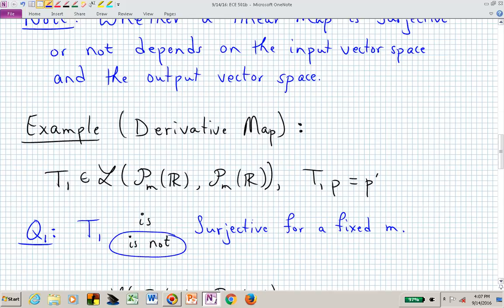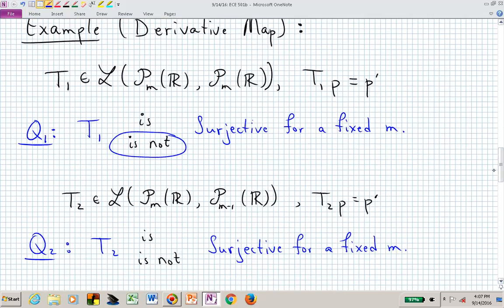So you'll just be living with x's and constants. You'll never be able to fill up the second order polynomial vector space with polynomials that contain an x squared term. So it is not surjective. It's never going to get to that particular location or in that direction in that vector space.